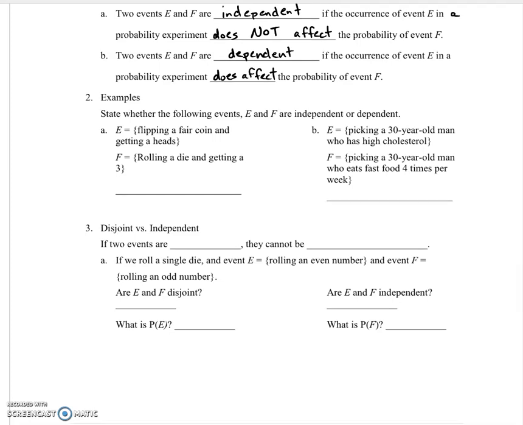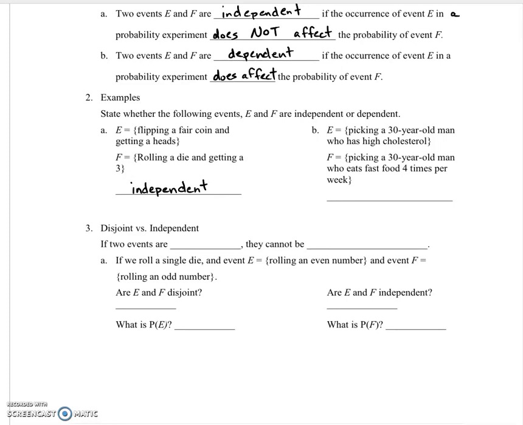Well, the easiest thing to do is ask yourself, when I flip that coin, does it have any bearing on what happens when I roll the die? The answer is no, so these two are independent because flipping the coin does not affect what happens when we roll the die.